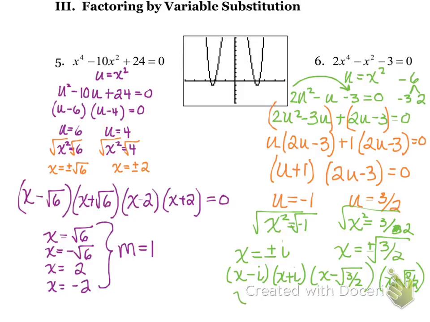So we have zeros at x equals i, x equals negative i, x equals root 3 halves, and x equals negative root 3 halves. And all of these have a multiplicity of 1. So if you get a complex answer, don't worry, that's definitely possible.